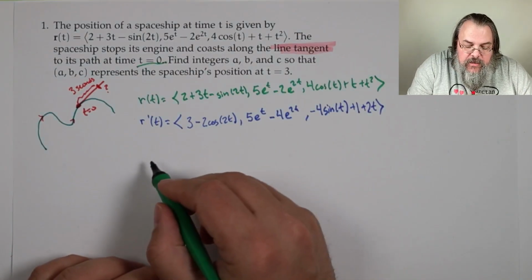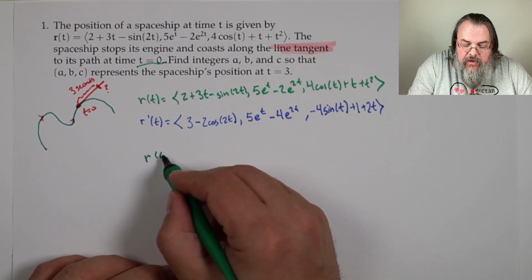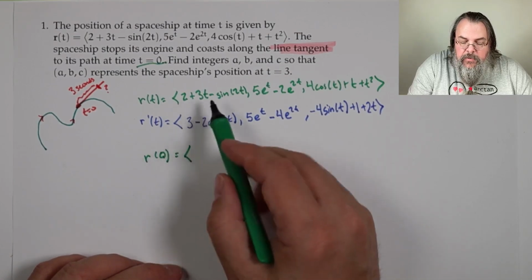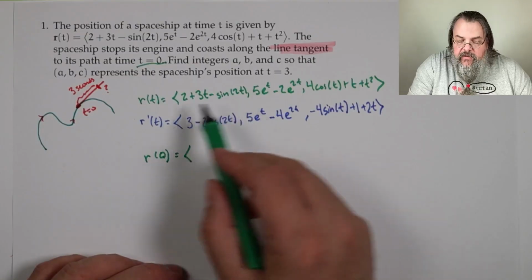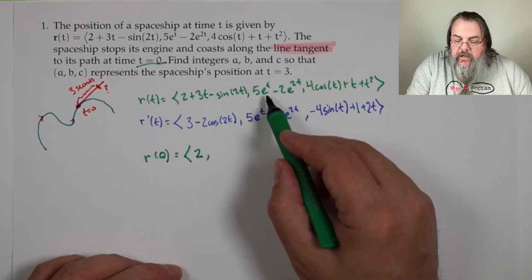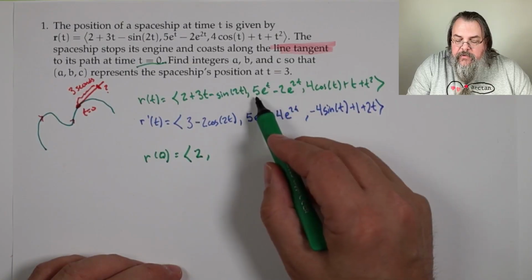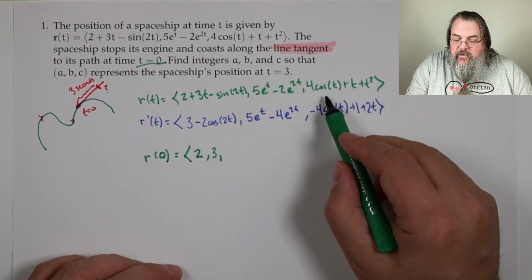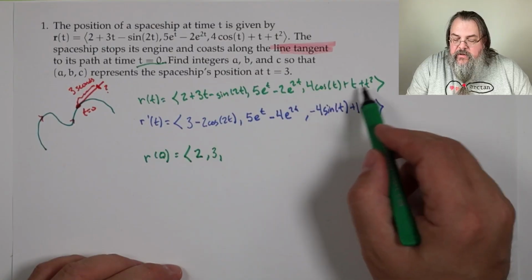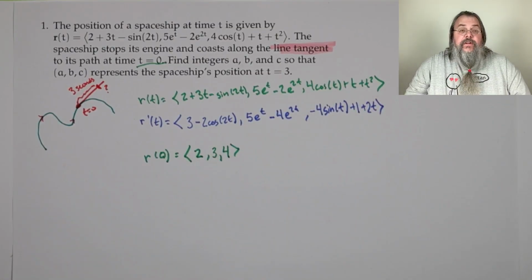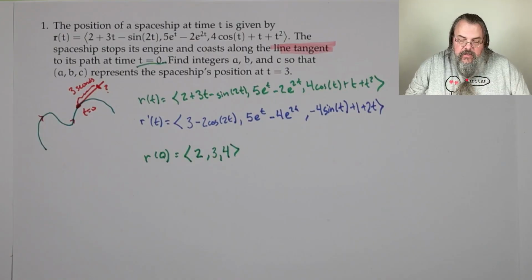So here we go. r of 0 is 2 plus 0 minus 0, right? Sine of 0 is 0. So 2. e to the 0 is 1. So we get 5 minus 2, 3. Cosine of 0 is 1, then 0 and 0, 4. All right, so there's our r of 0. And at the same time, we'll do r prime of 0.